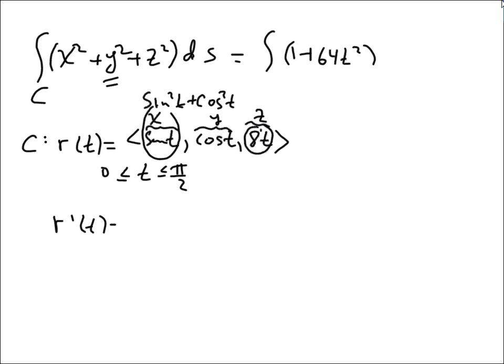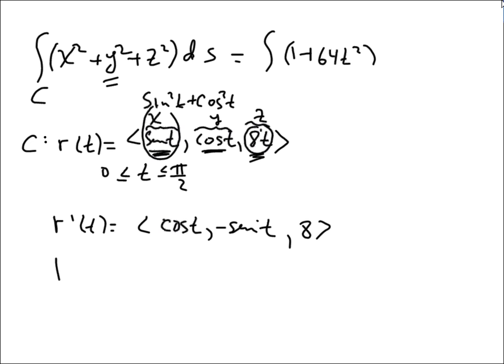R prime of t is, well, the derivative of sine of t is cosine of t. The derivative of cosine of t is negative sine of t. And the derivative of 8t is 8.